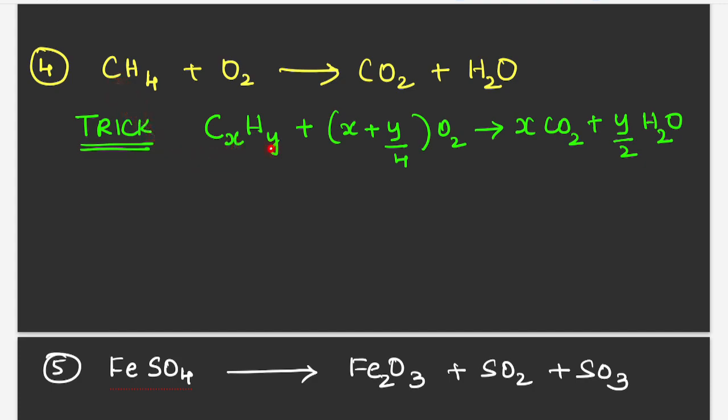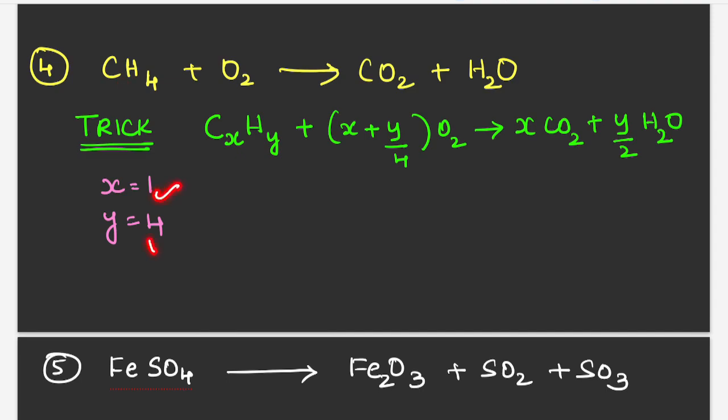In the same way y. The y value is 4, the number present with hydrogen. So x is equal to 1 and y is equal to 4. If there is no number, it is understood to be 1.